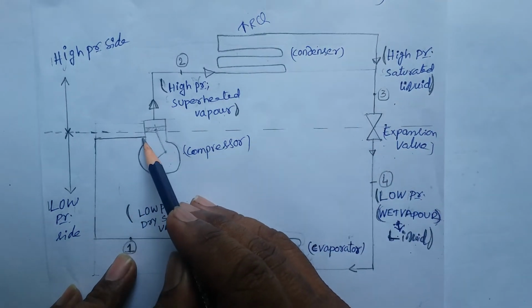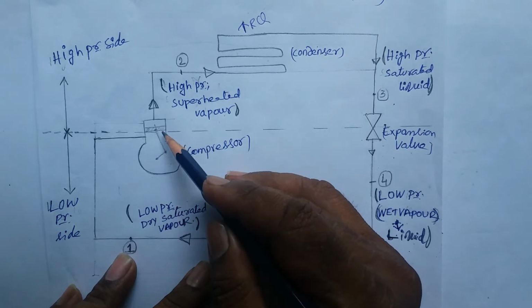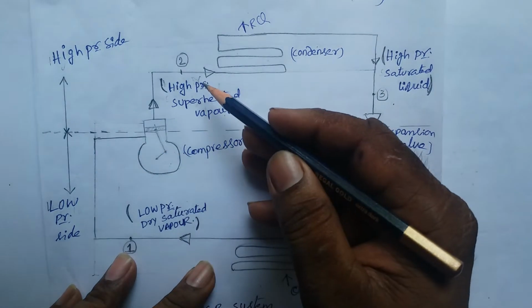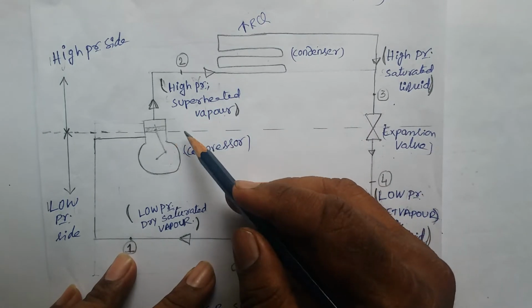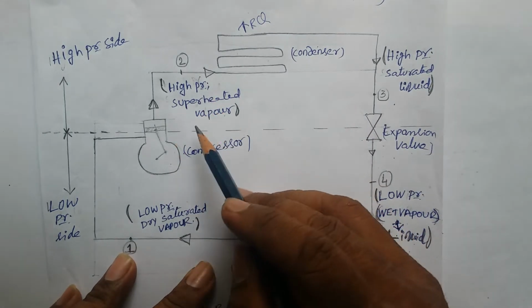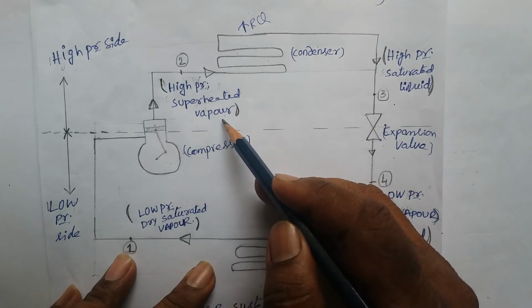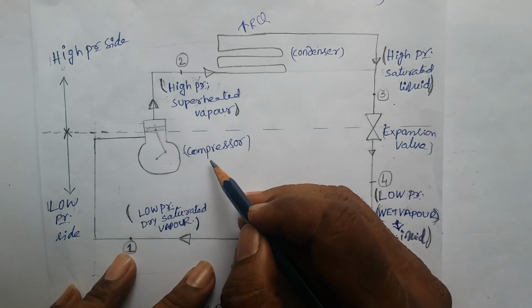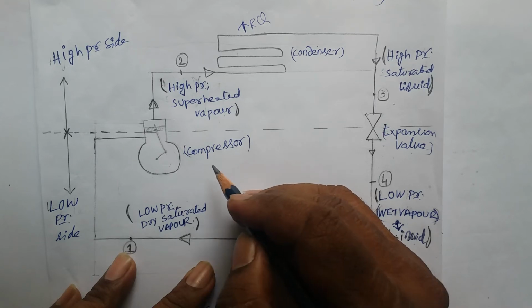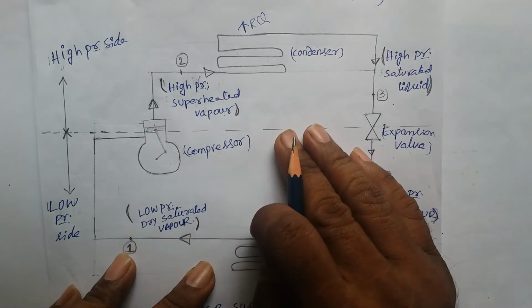There it is compressed to high pressure and high temperature. Due to the pressure increase, the temperature also increases. It will become high pressure superheated vapor. The main function of the compressor is to increase the pressure of the refrigerant from low pressure to high pressure.